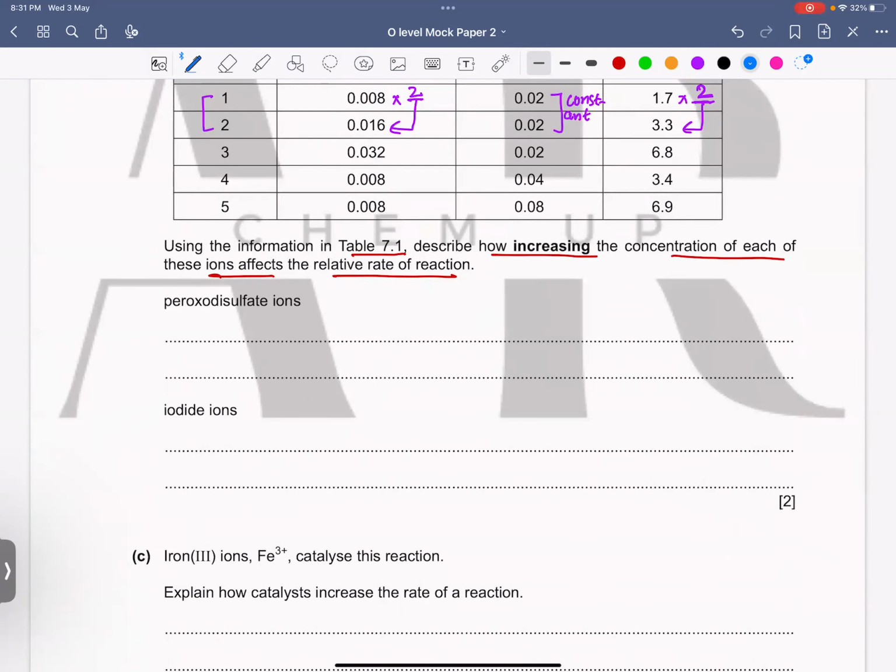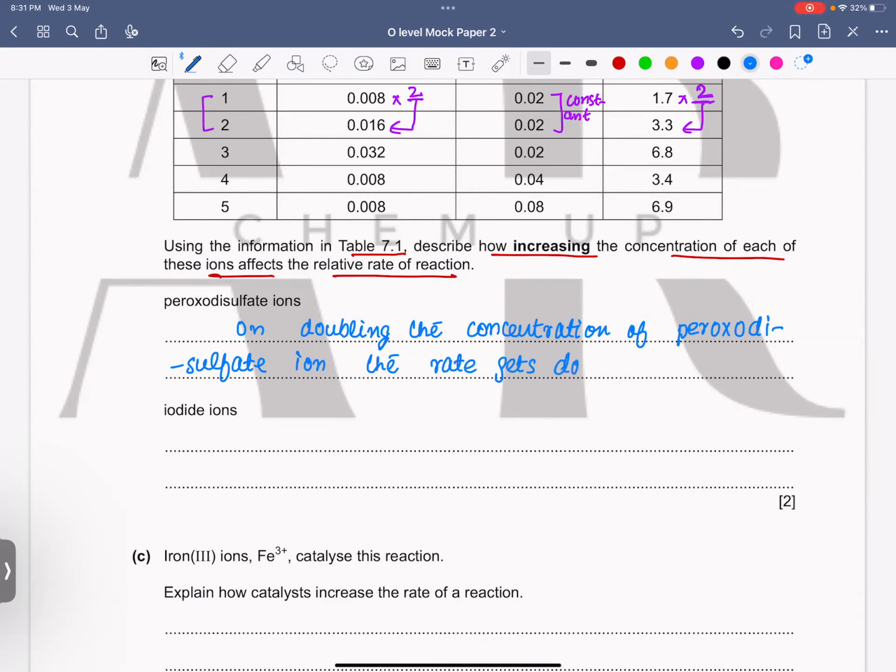So here, it's of 2 marks only for both. So I can write that on doubling the concentration of peroxodisulfate ion, the rate gets doubled too.